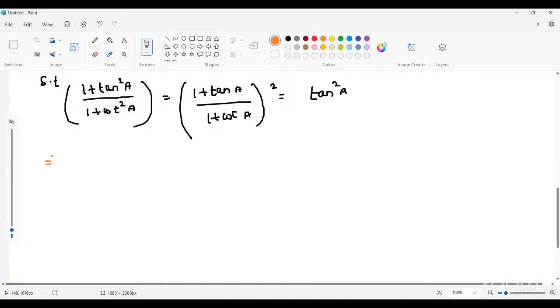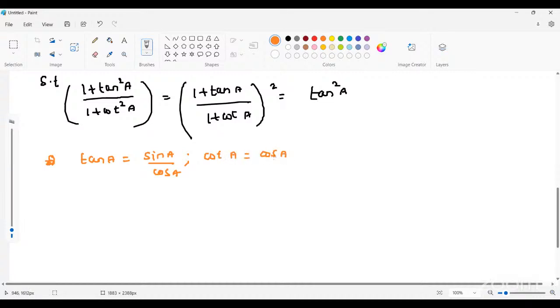All right? So one thing that we should recollect: what is tan A? Tan A is sin A by cos A. Clear? Then what is cot A?